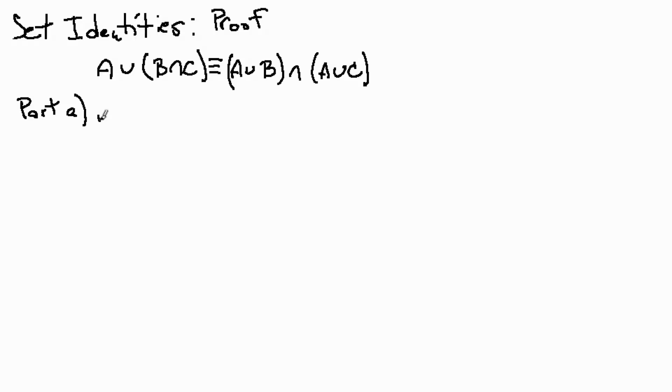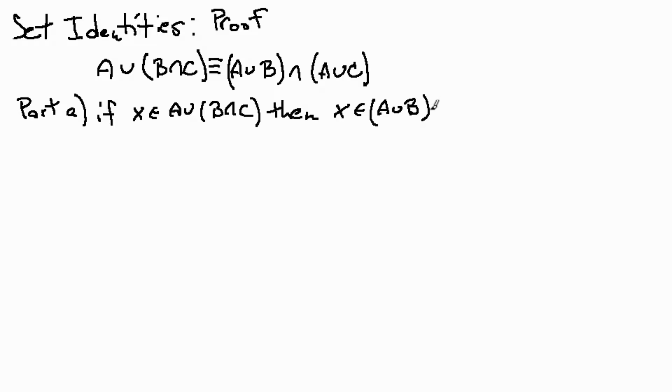So we need to show that if X is an element of A union B intersection C, then X is contained in A union B intersection A union C.